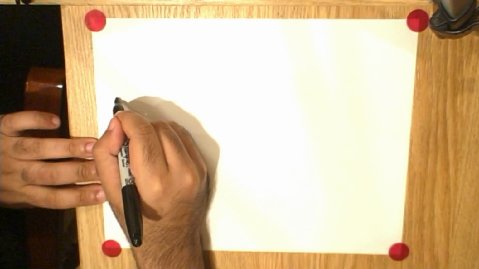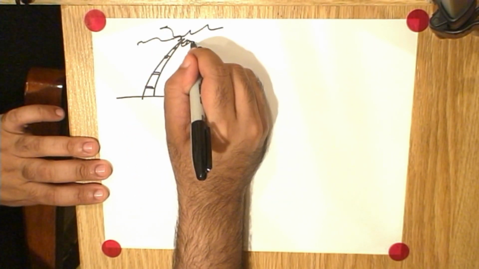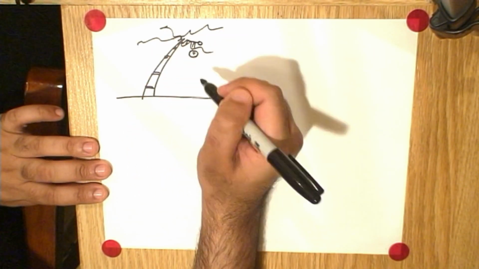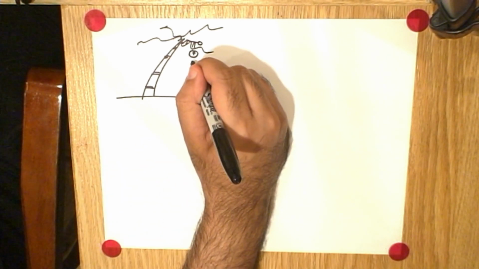We approach this question in exactly the same way as before. We start by drawing a picture. In this picture, the monkey throws the coconut downwards.